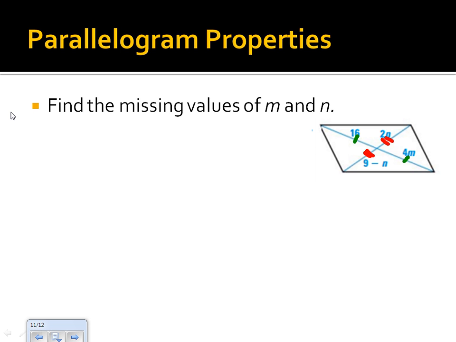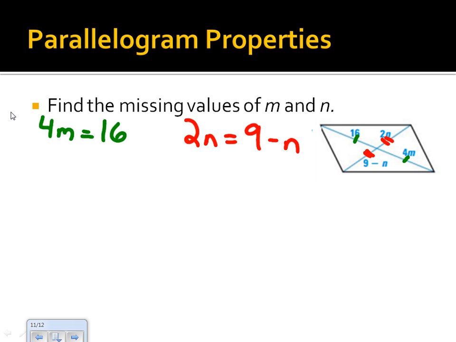Set up your equations. So we know that those two are equal. So what's the green one going to be? 4M equals, good. What's the red? 2N equals, oh shoot. Red is 2N equals, and then we just solve those.